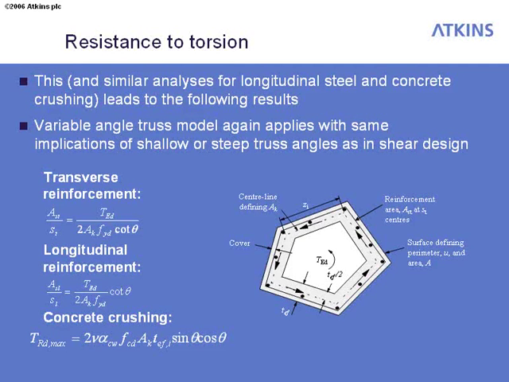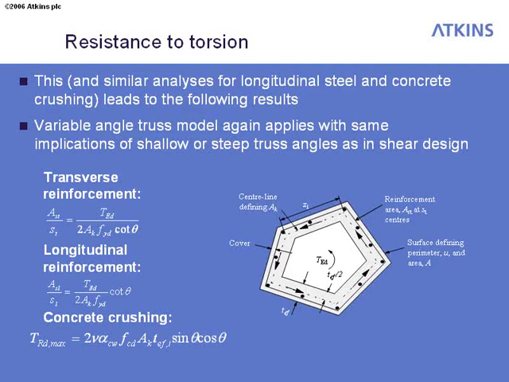And to make life easy, or indeed make life possible, we should use the same truss angle for the shear design and the torsion design. So if you've got a load combination that has shear and torsion in it, you need to use the same theta angle when you're working out the reinforcement requirements for shear and torsion. If you have another load case, you can obviously then have a different theta angle, but you should use the same one for shear and torsion, otherwise it becomes very difficult to work out how the stress fields will add together.